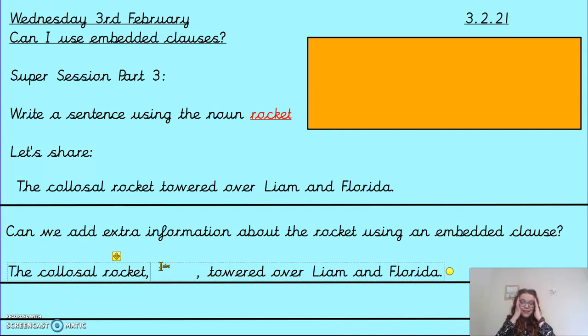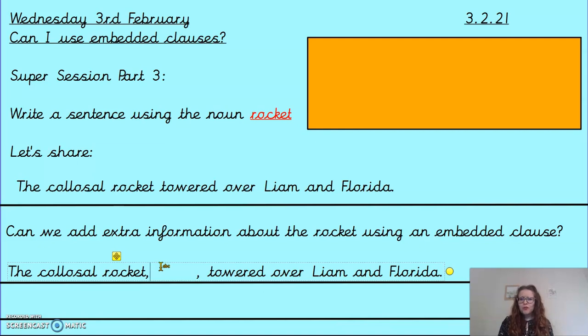Right, so we want to add extra information. We want to tell the reader what we're picturing when we look at this rocket. So, the colossal rocket. How can I describe it? Remember, it's an embedded clause, not a relative embedded clause today.